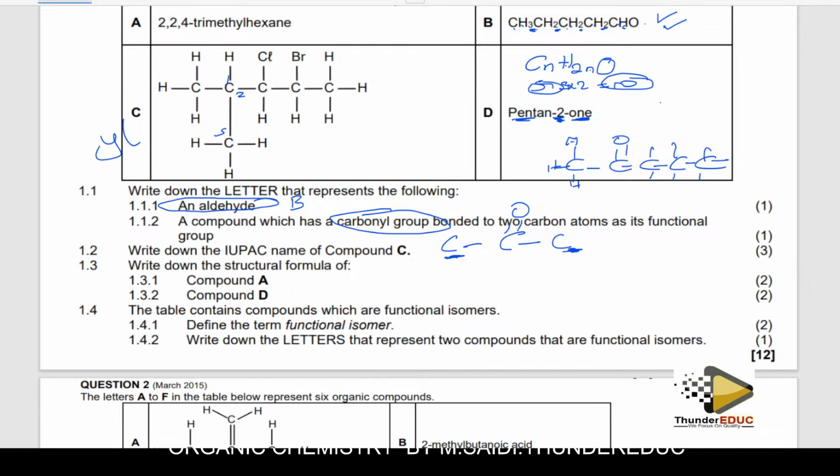They start with the same molecular formula, but what they ask is if it's a chain isomer, with different chains. Same molecular formula but different functional group means that it's a functional isomer. If it is a chain isomer, it is linked to the chain. If it is a functional isomer, then it is linked to the functional group.